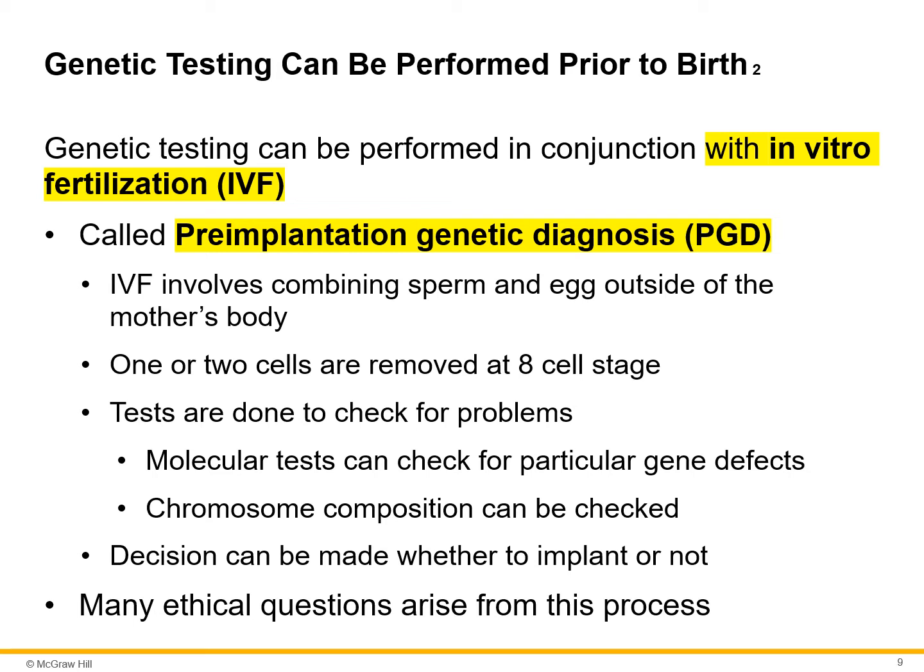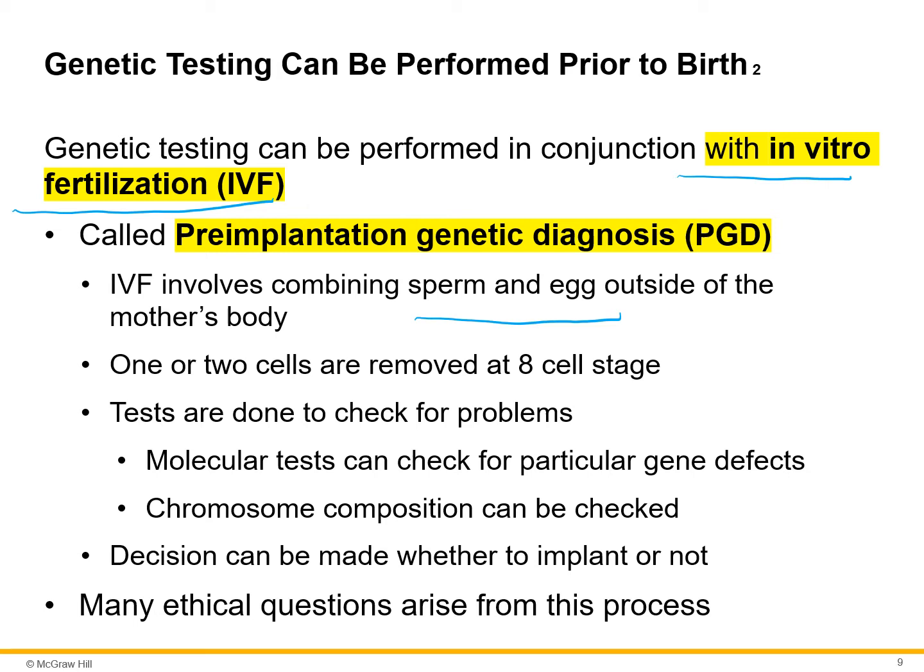You do have the possibility, and I have a video about this, which I might show you when we talk about genetic forms of cancer, but another technique that's used in conjunction with other genetic testing is in vitro fertilization, where sperm and egg are combined outside of the mother's body.